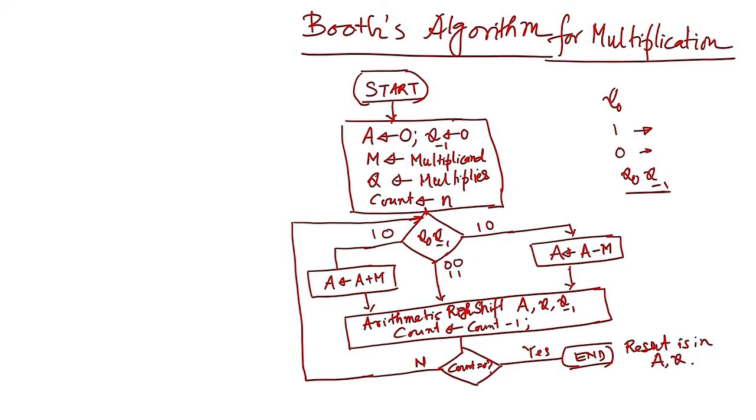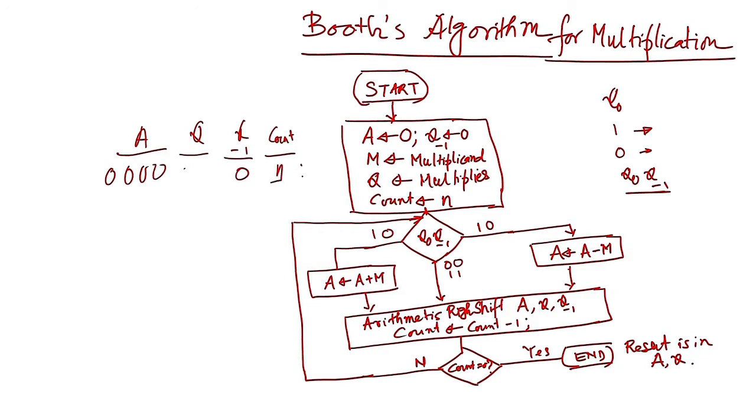Okay. So, then what we have to do? We have to take a register A, a register Q, and a 1 bit register Q minus 1. And then we have a counter. Okay. So, A is initialized to 0 0 0 0 and Q is the multiplier, Q minus 1 should be 0, and the counter should be the number of bits n.